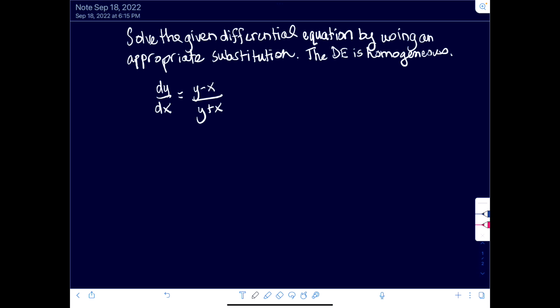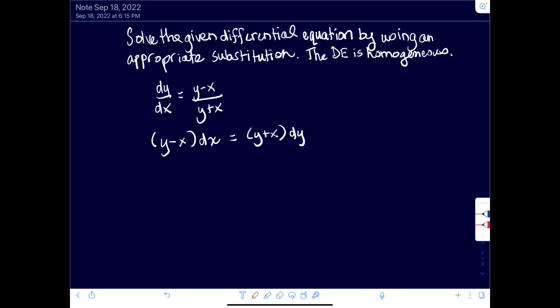This is a homogeneous differential equation, and so we're going to use an appropriate substitution to solve it. So let's get this in the right format. We'll have (y minus x) dx equals (y plus x) dy.